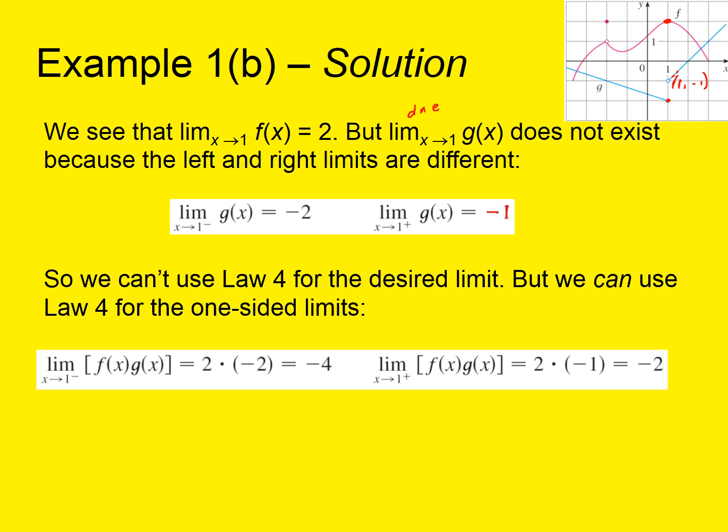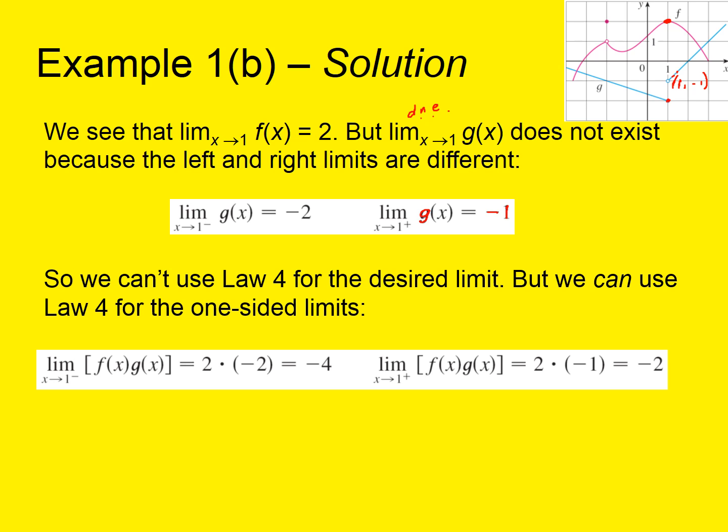We can use law 4 for one-sided limits, if we wanted to do that. Again, the right-hand limit of g of x is -1, the left-hand limit is -2, so we could use those numbers in limit laws.